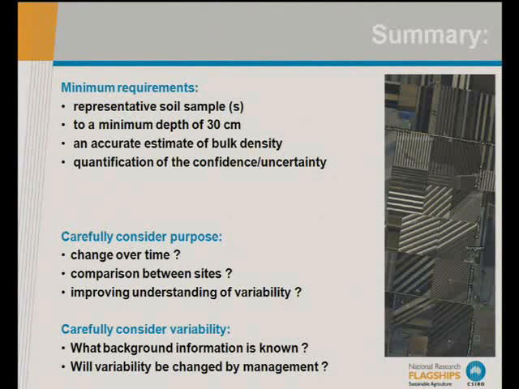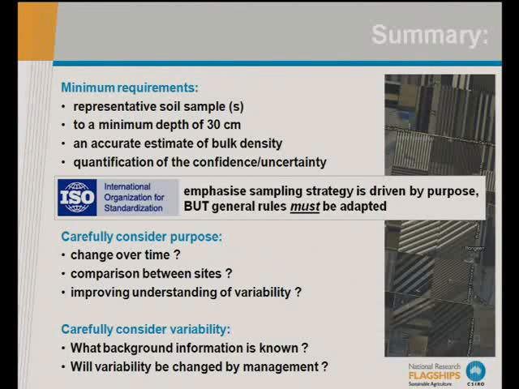Again, it's important to consider variability. So what background information is known that can be used to inform information on variability? And if there is a change in management practice, will variability change with that management through the two different sampling periods?